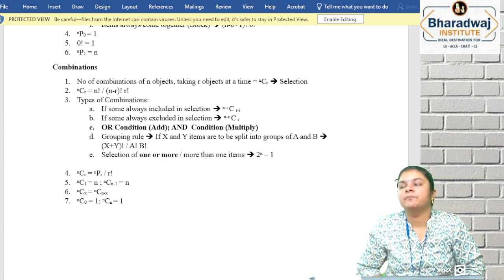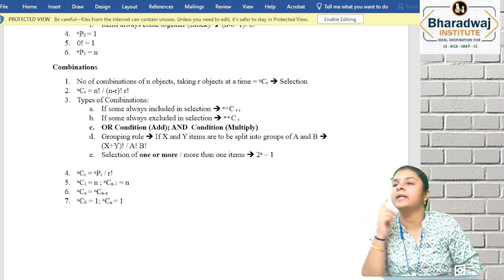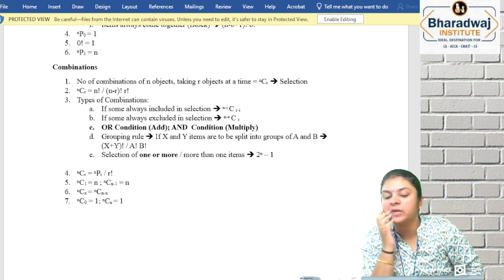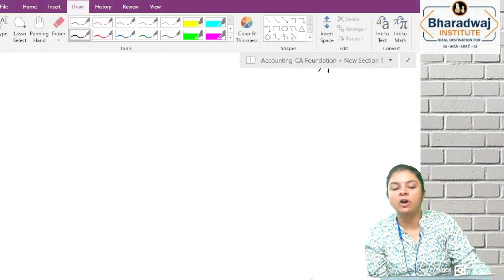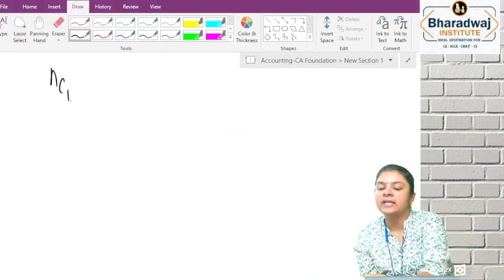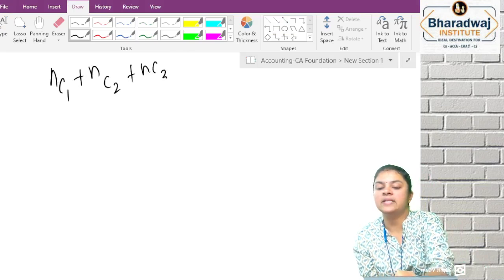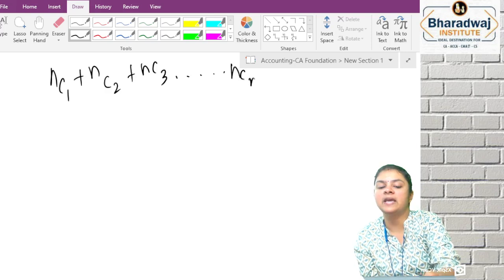And the last one, if they use the number of ways in which one or more items can be selected. If they use the words one or more items can be selected, then we will say nC1 plus nC2 plus nC3, and so on till nCn. With the OR condition we add.